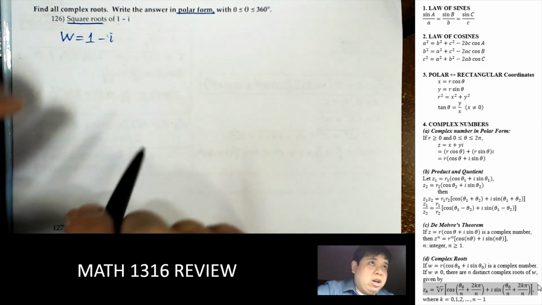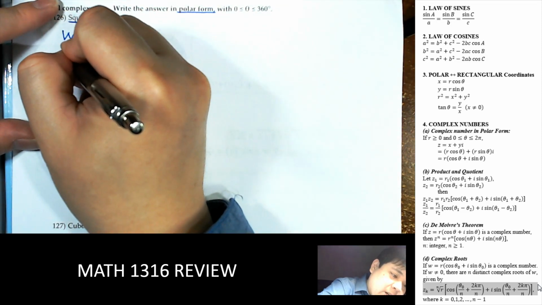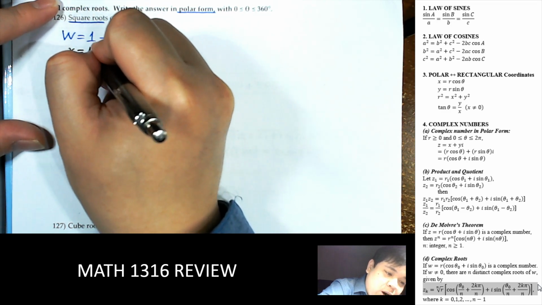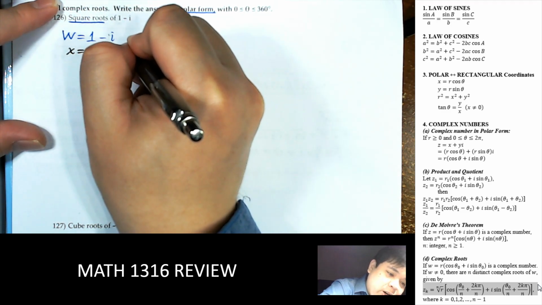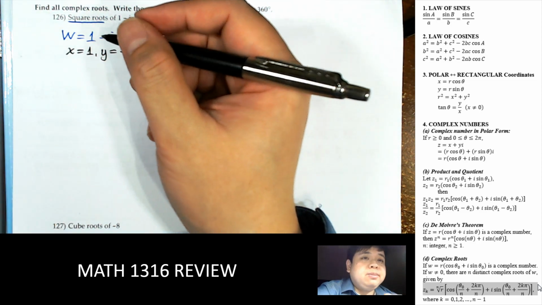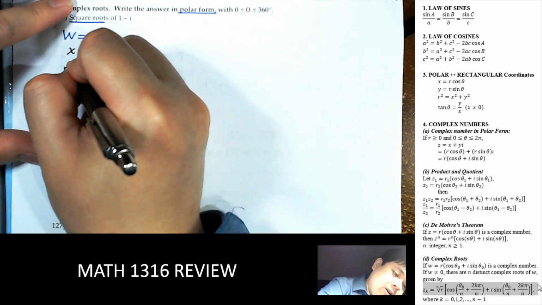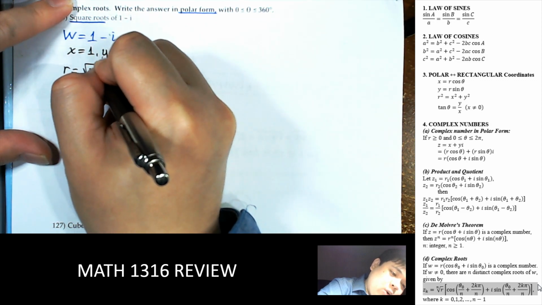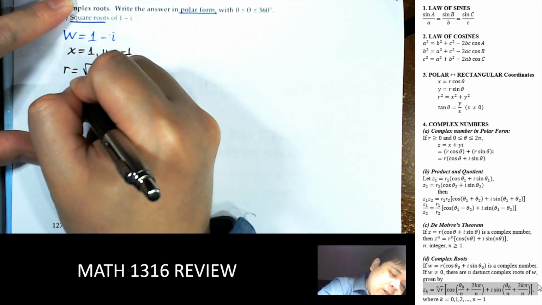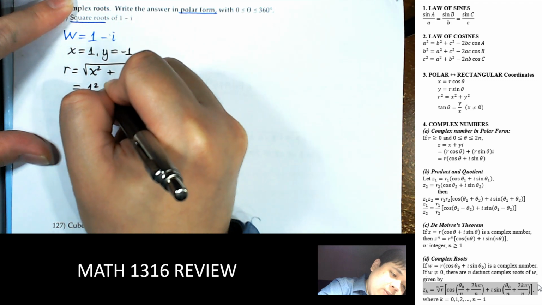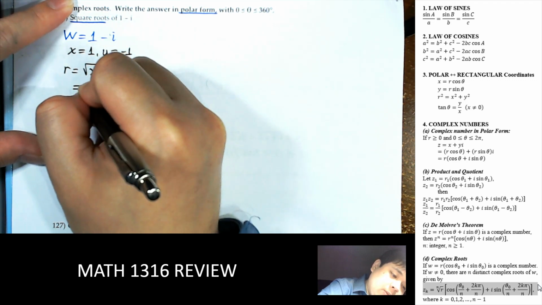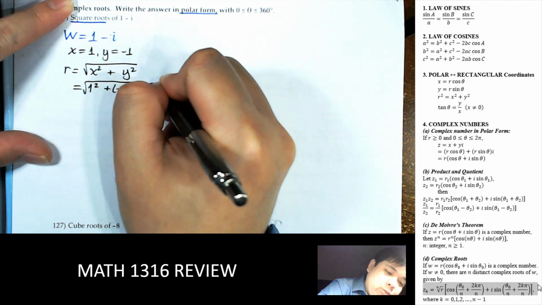If we write the corresponding rectangular form, x is equal to 1, y is negative 1. From here we can find r and theta easily. R is square root of x squared plus y squared, so that's square root of 2.